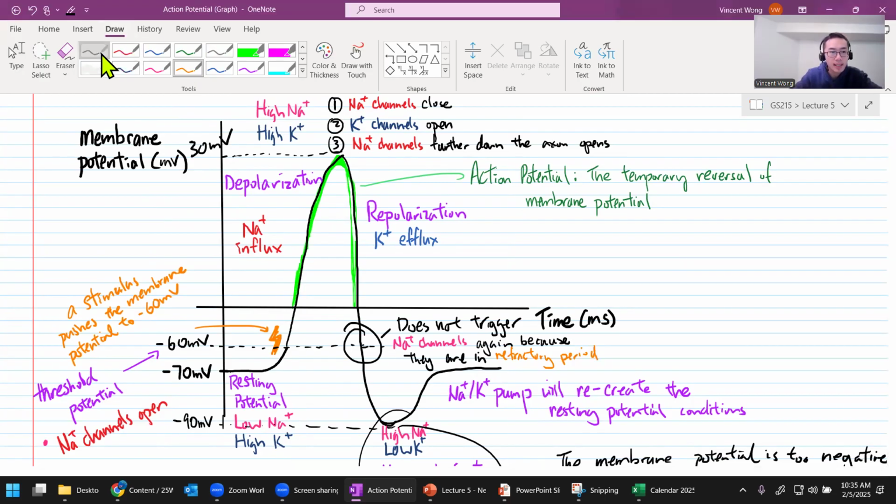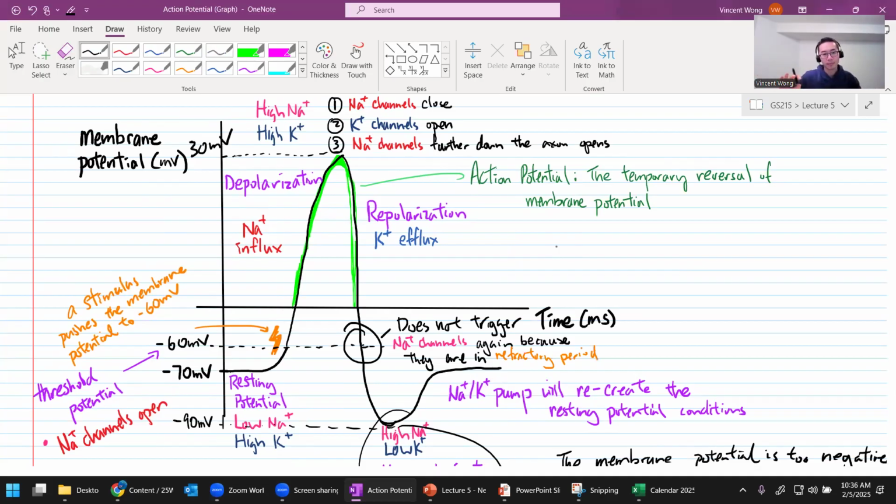Because otherwise, if they are not in refractory period and you open them again, then the sodium will just go back in, and then it just fluctuates up and down. It's not going to be a meaningful signal. You're not going to be able to move the signal forward.